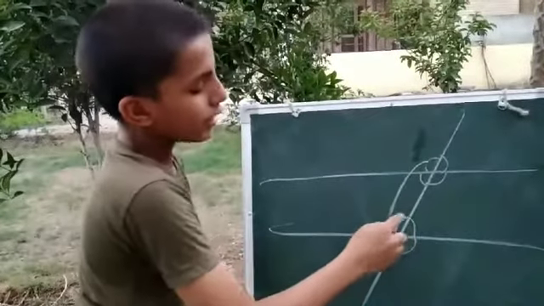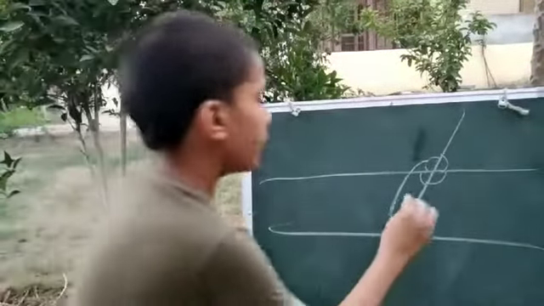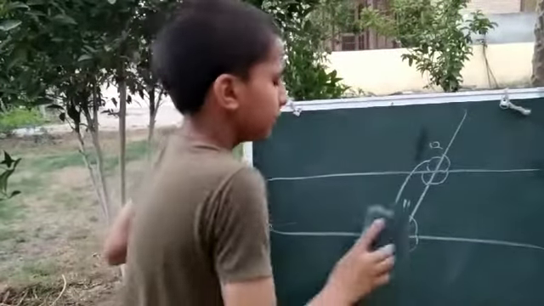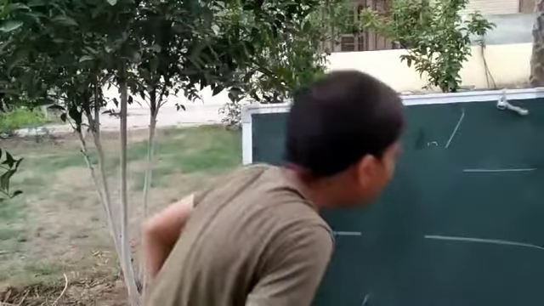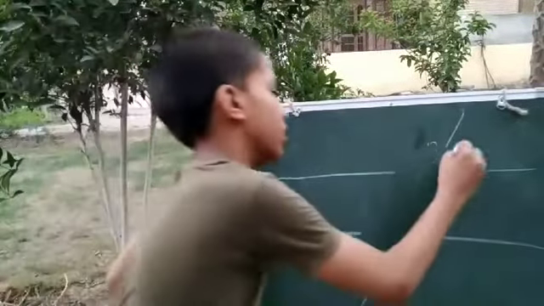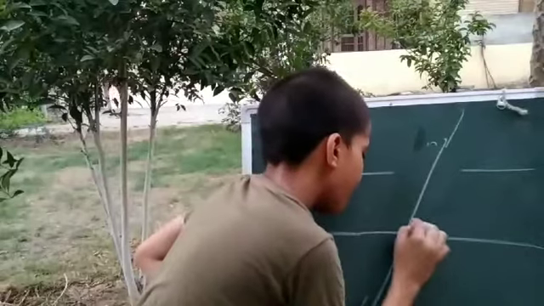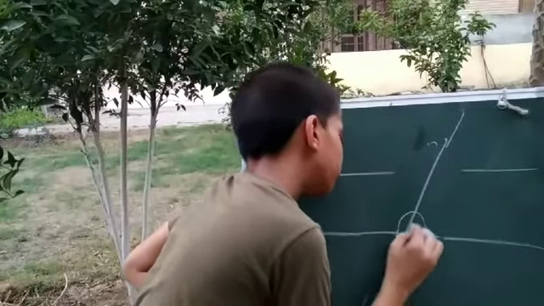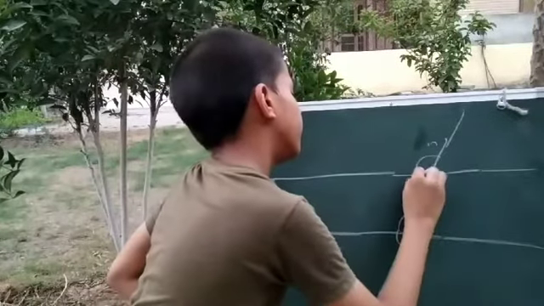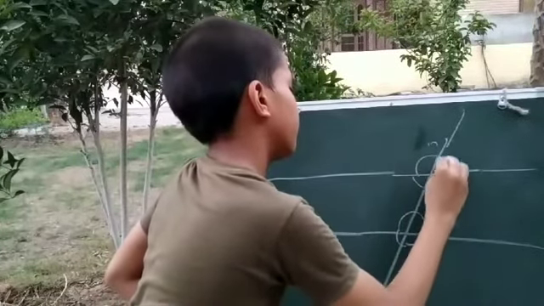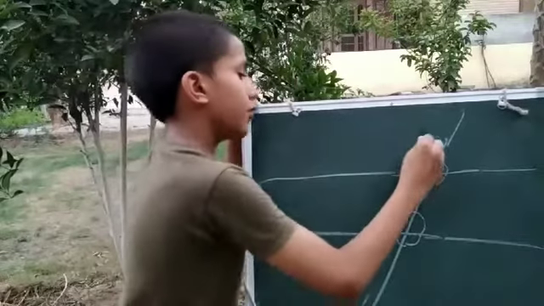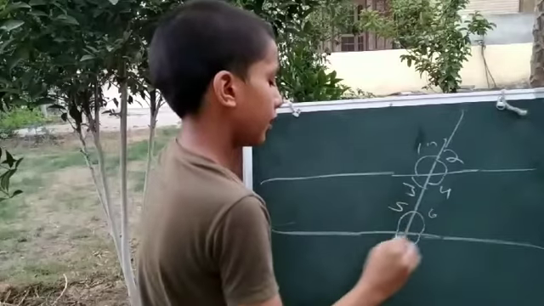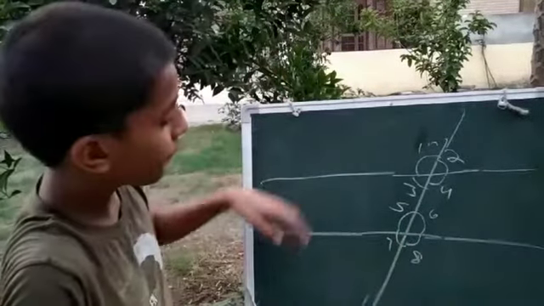I'm not getting how to draw these angles. Okay, like this. So it is 1, 2, 3, 4, 5, 6, 7, 8. Okay.